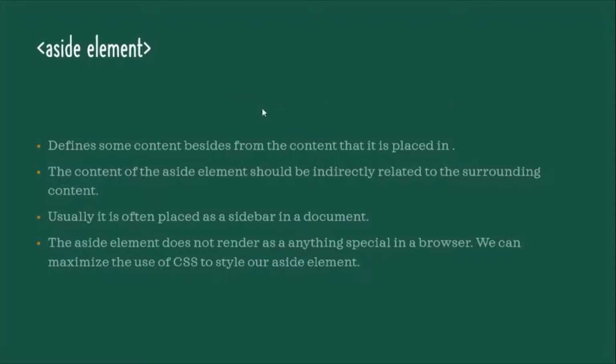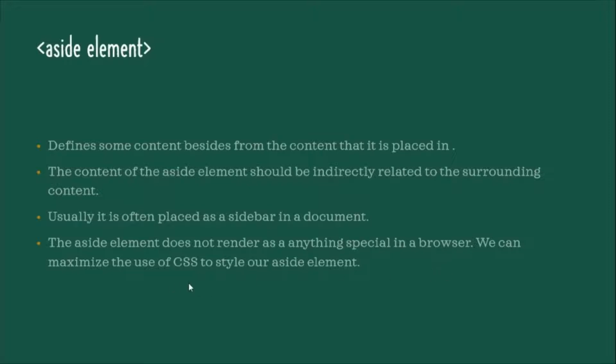Now let's talk about the aside element, everyone. These are some things you can take note of about the aside element. It defines some content aside from the content that it is placed in. The aside element should be indirectly related to the surrounding content. It is often placed as a sidebar in our document, and it does not render anything special in a browser.